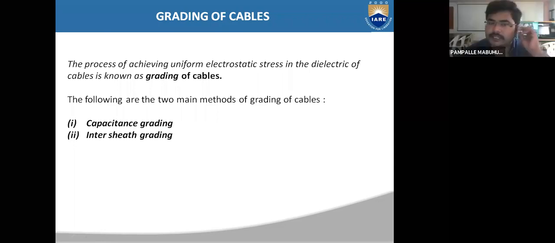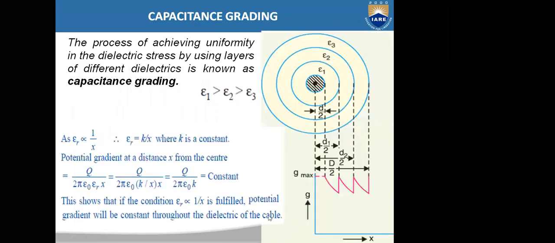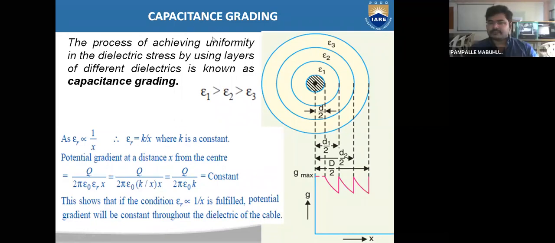Okay, let us see the capacitance grading. In capacitance grading, instead of using one single insulation here, you will use different dielectrics. Generally in a cable, on the top of the conductor you will have one insulation or dielectric material, right?